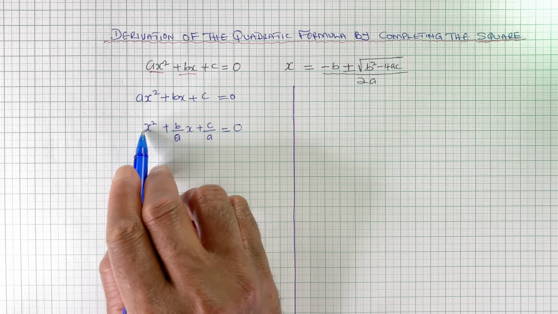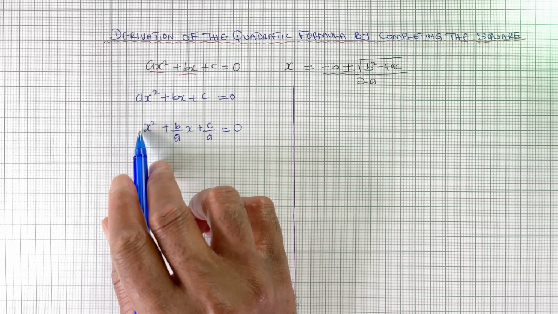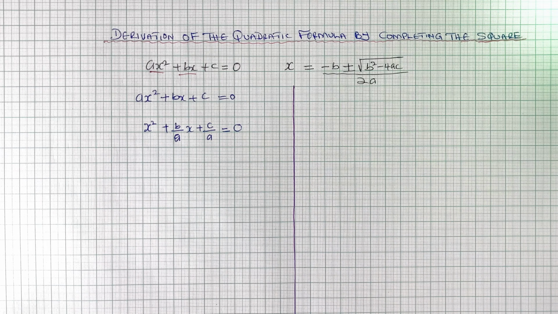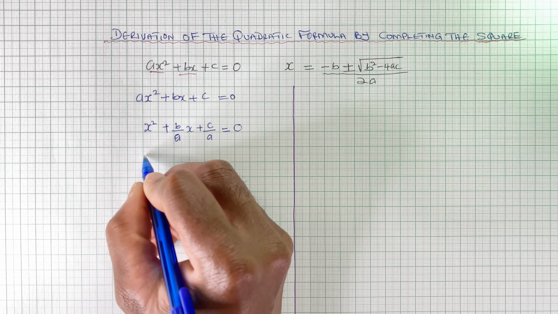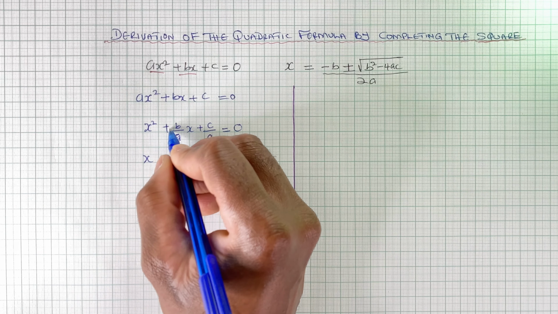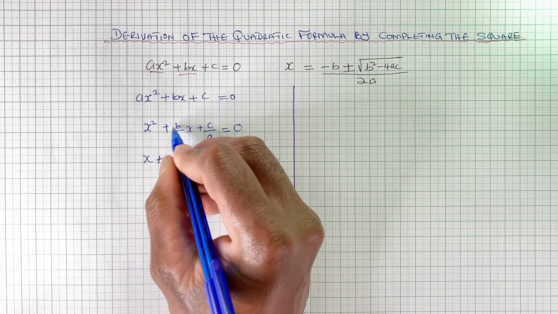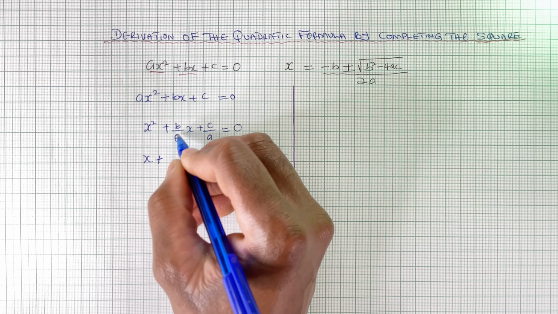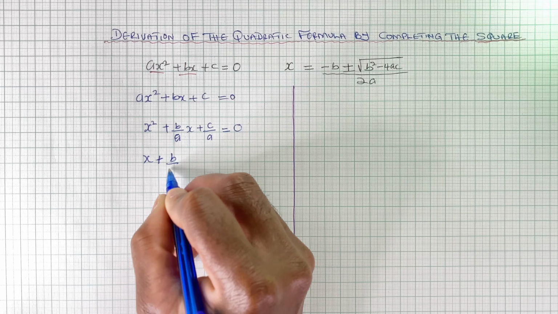Now this is completing the square ready, because to do completing the square, the coefficient of x squared has to be 1. To apply completing the square, I transform the x squared to x, bring the sign down, so this is plus, and then I divide my new b, which is b over a, by 2, which is b over 2a.